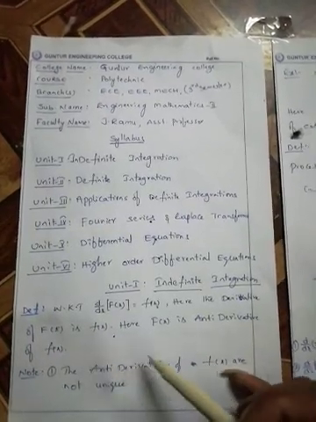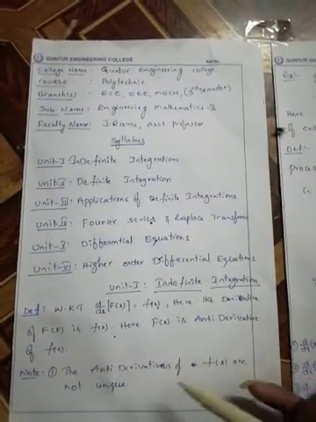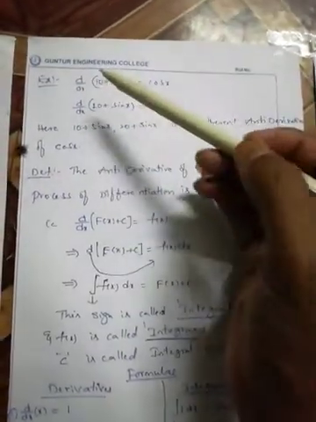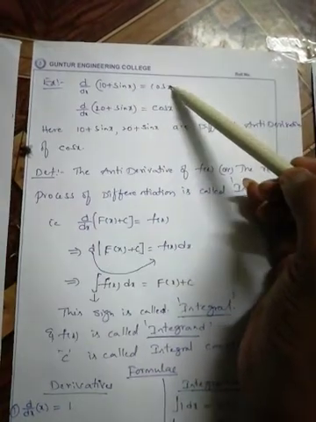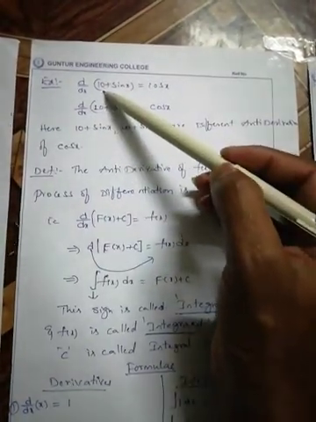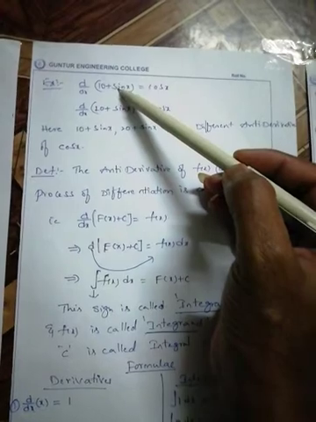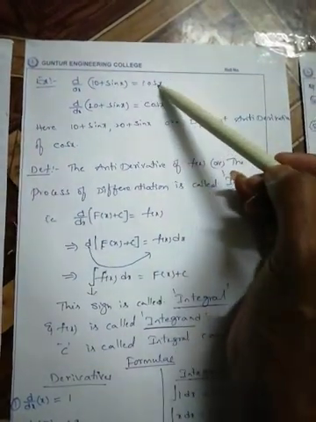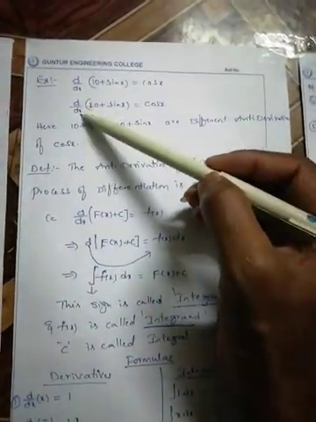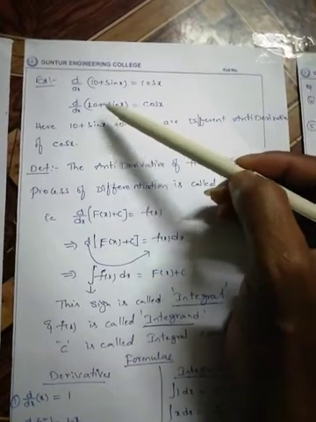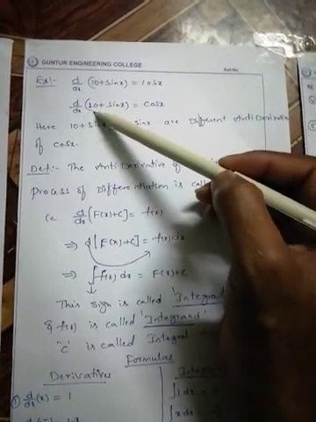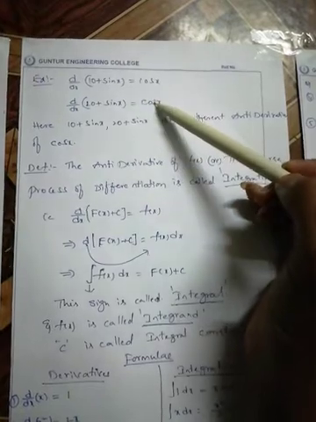The antiderivatives of f of x are not unique. For example, d by dx of (10 plus sin x) is equal to cos x. The derivative of 10 is 0, since it is a constant, and the derivative of sin x is cos x. Similarly, d by dx of (20 plus sin x): the derivative of 20 is 0 and d by dx of sin x is equal to cos x.